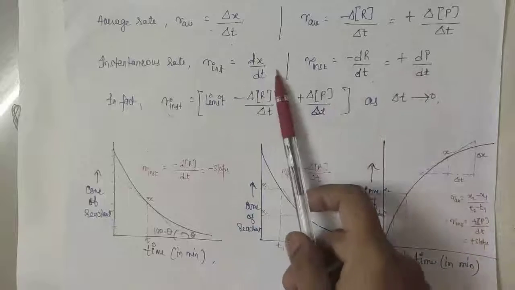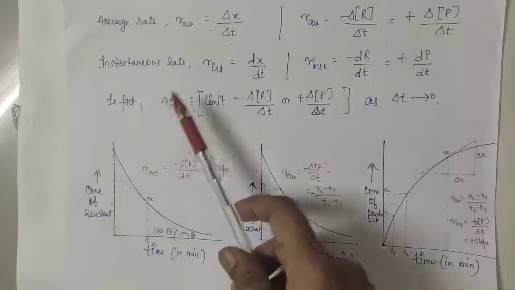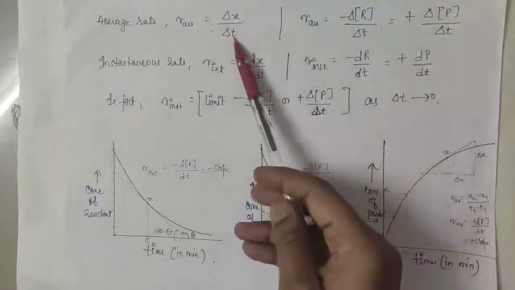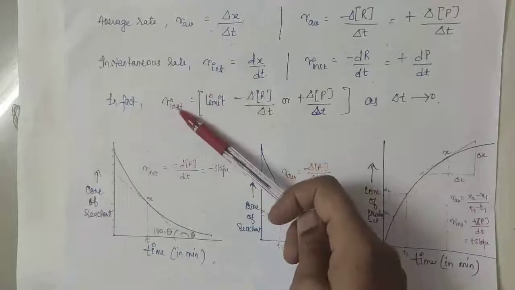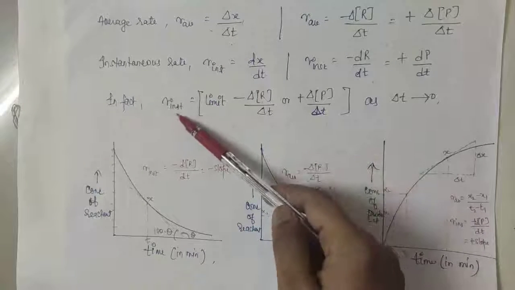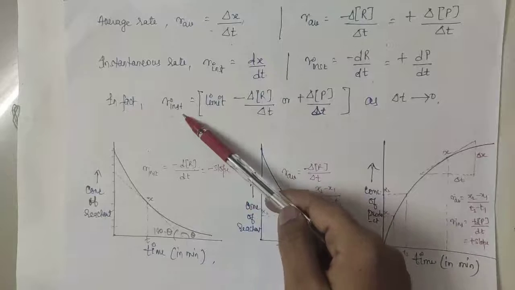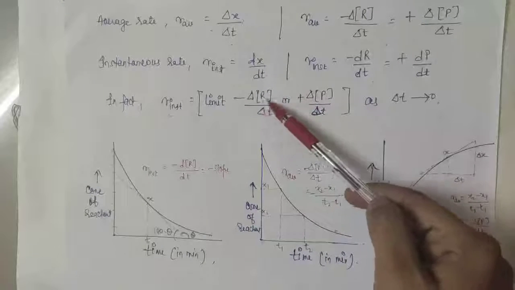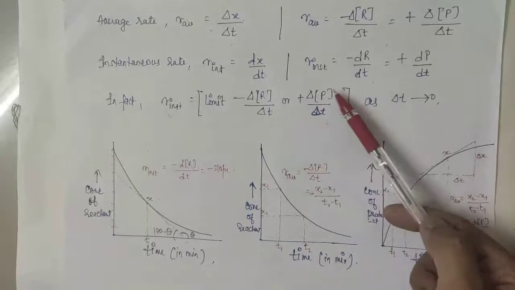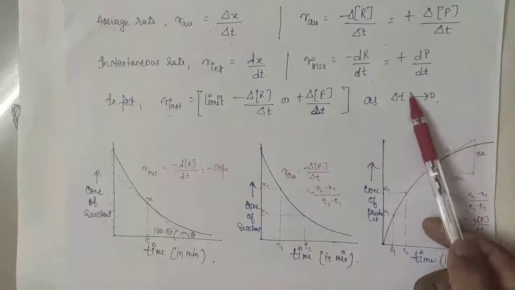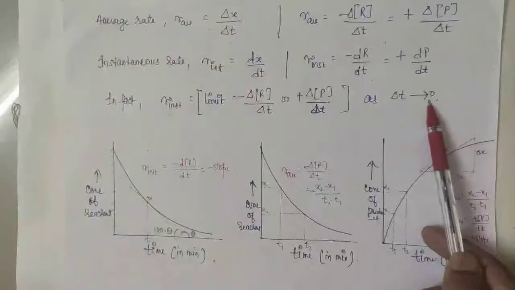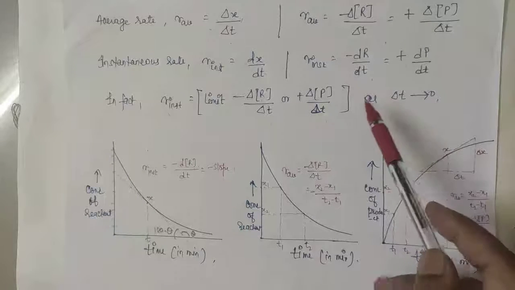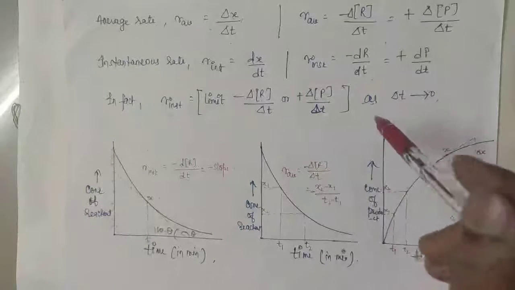The only difference is that if we put a limit on the average rate equation, it becomes the instantaneous rate. Therefore, we can write R instantaneous is equal to limit delta R by delta t or delta P by delta t, where delta t tends to 0. Delta t tends to 0 means at that particular instant of time.